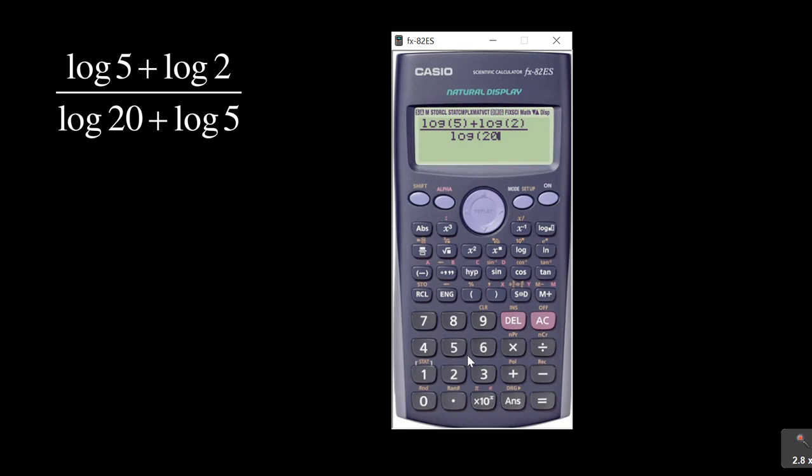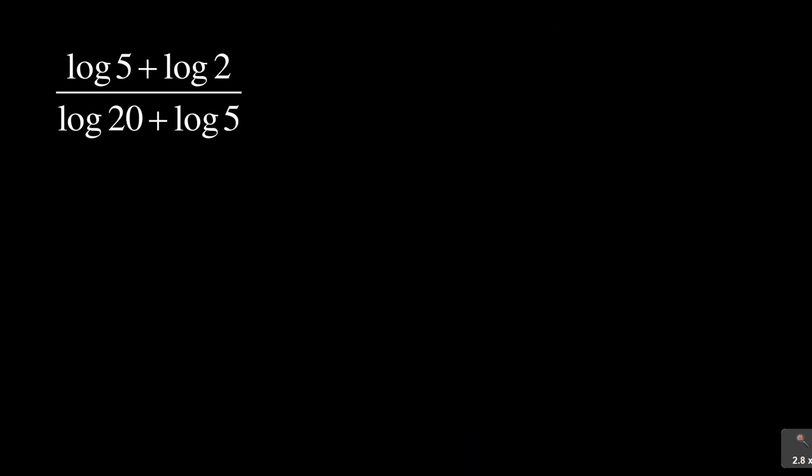If you don't close the bracket, when you say plus, whatever you're entering is now inside that bracket, making everything wrong. So plus log 5 plus log 20, divided by log 20 plus log 5. And my answer is 1 over 2. So I can write my answer here and say I'm going to get 1 over 2. Remember, it's just to know your answer there.